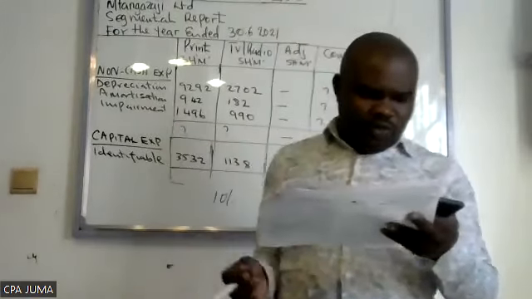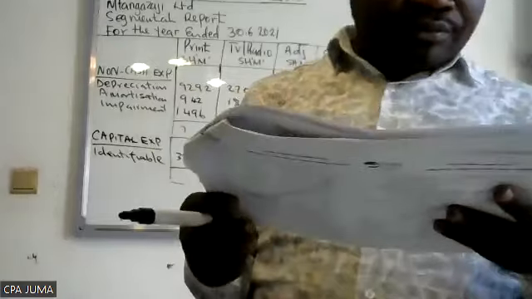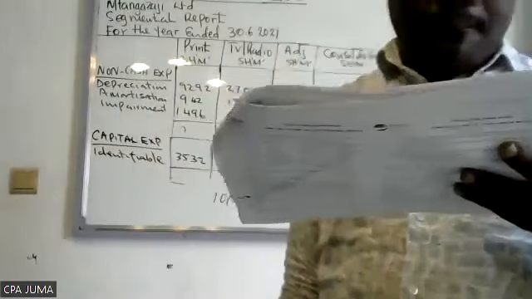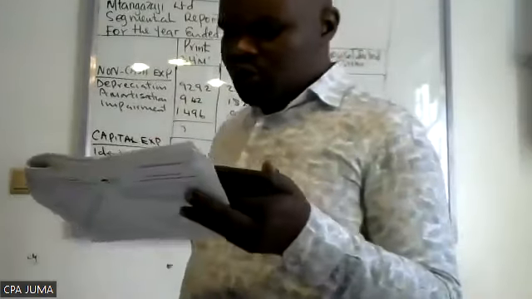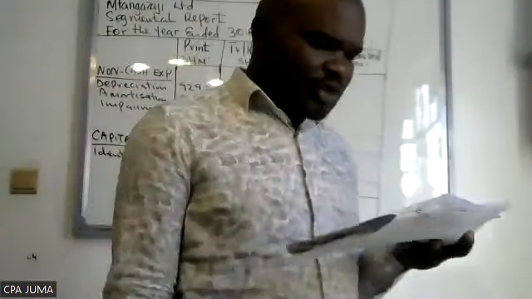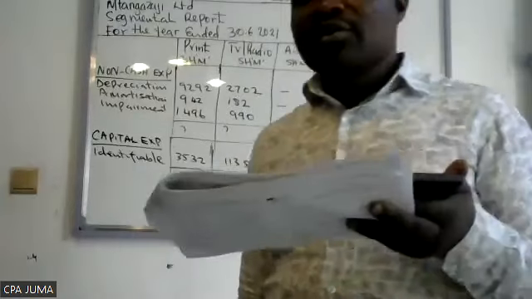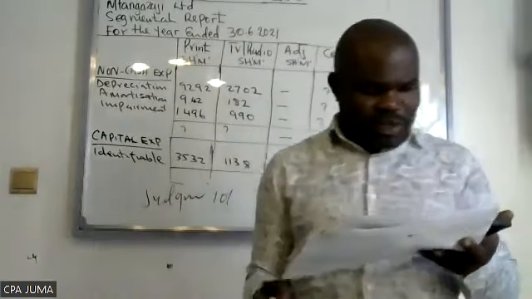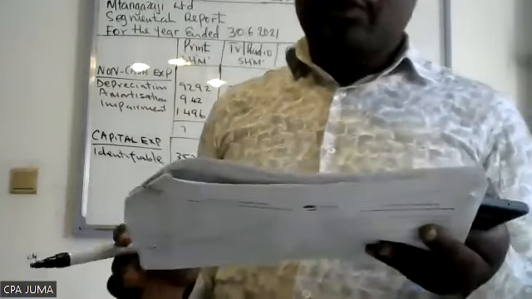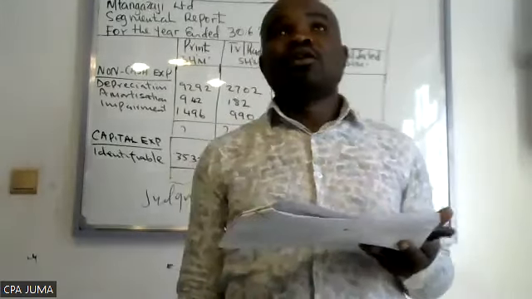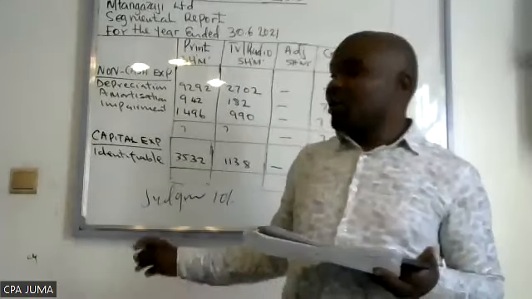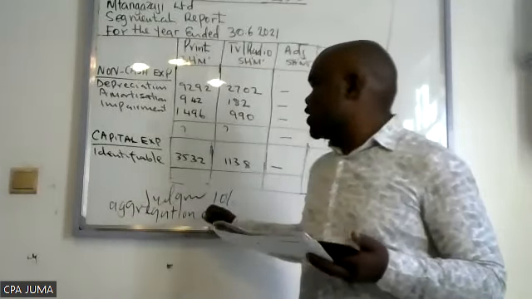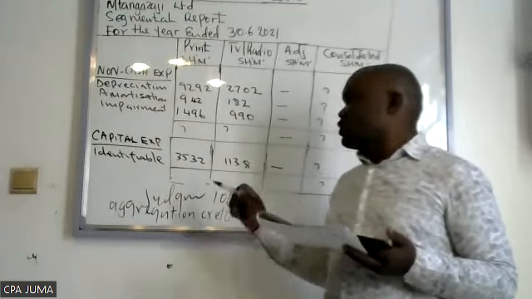Let's write. At least you have understood what I'm trying to bring in the picture. Number 1: the management should disclose the judgments in applying the aggregation criteria.